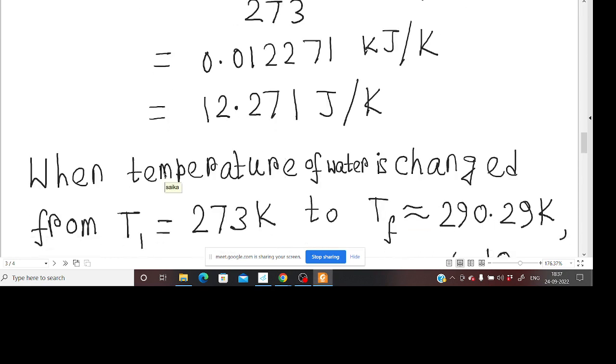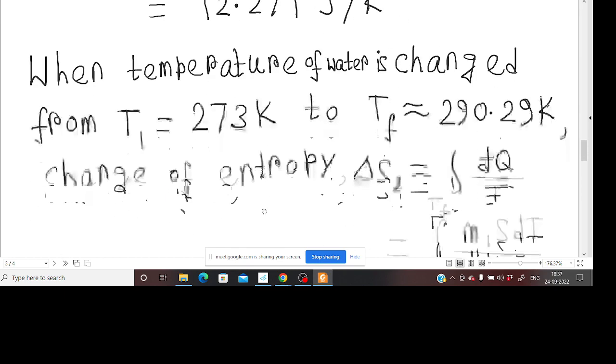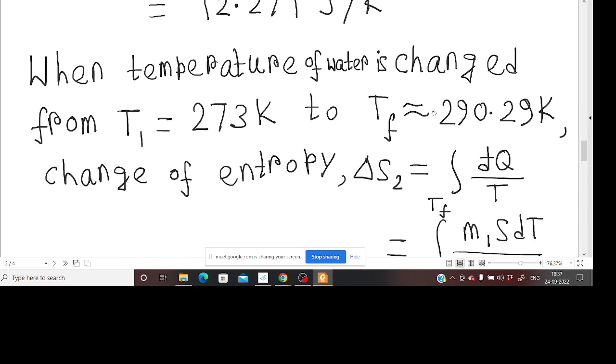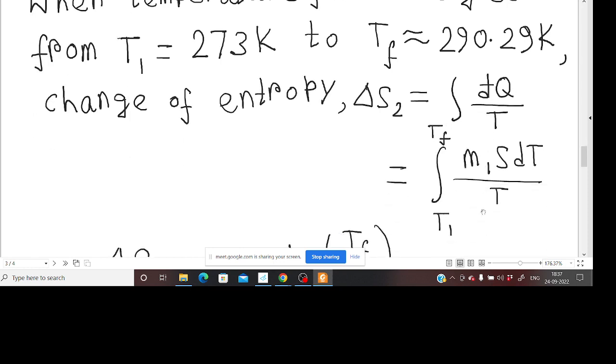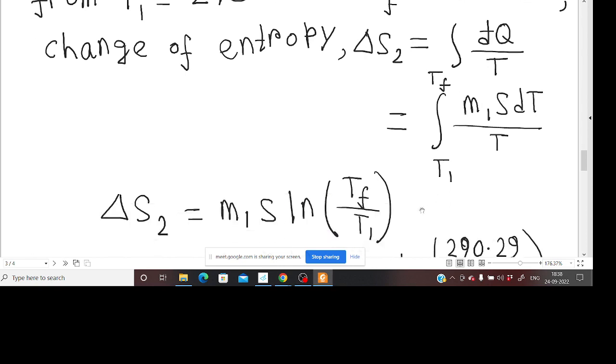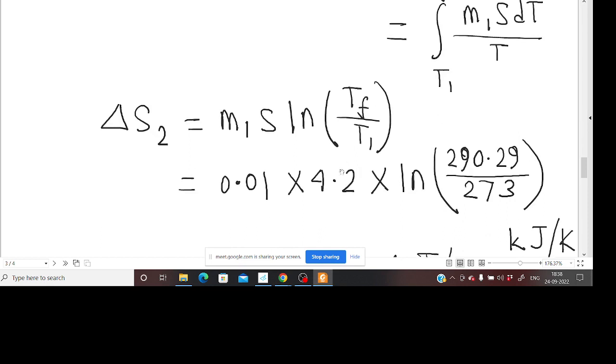If the temperature of water at 273 Kelvin is changed to the final temperature Tf equal to 290.29 Kelvin, then the change of entropy delta S2 is equal to the integral of delta Q by T. Now this delta Q is equal to m1 into S into dT, and if you integrate it over the temperature range, you will get delta S2 equal to m1 into S into log Tf by Ti, where m1 is again 0.01 kg, and this S is given to you, equal to 4.2.